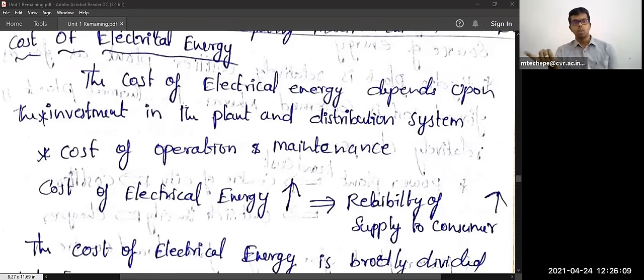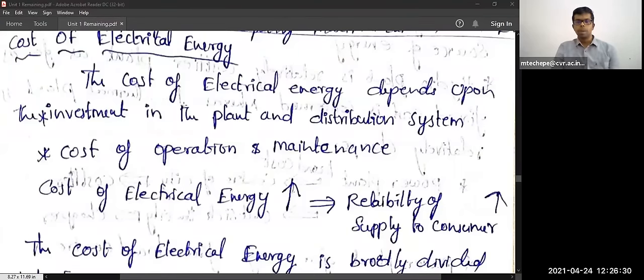So generally, the cost of electrical energy will be increasing, in the sense that the reliability for the consumer also has to be increased. For example, now we are paying around only 5 to 6 rupees per unit for domestic consumers. That cost has been increased up to 5 to 10 rupees.